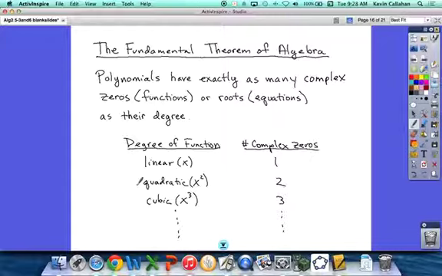That's not to say that's how many x-intercepts you've got. We've already seen in the last chapter that not every parabola crosses the x-axis. So now we're going to make the distinction: how many real zeros could there be and how many imaginary could there be? We know they add up to the degree, but how many of each could there be?